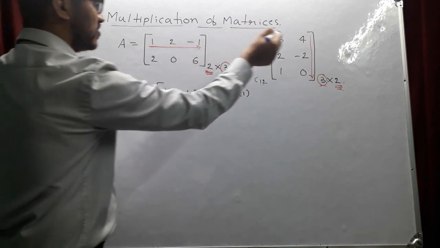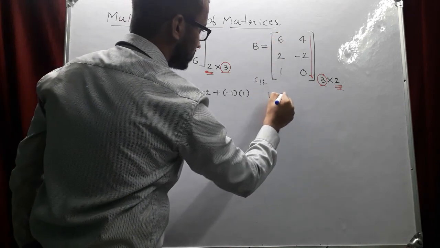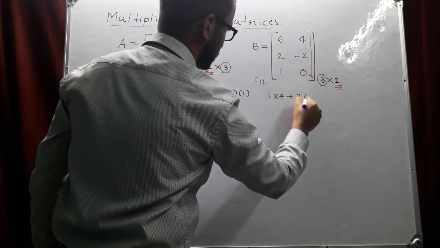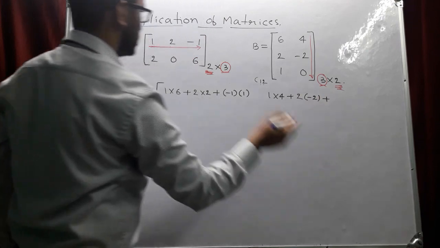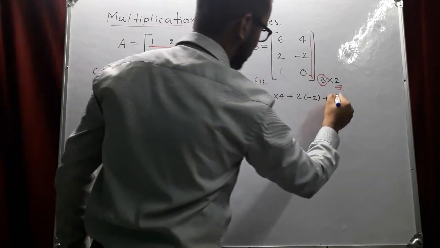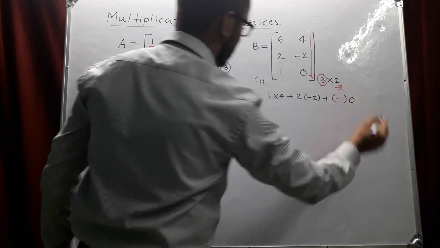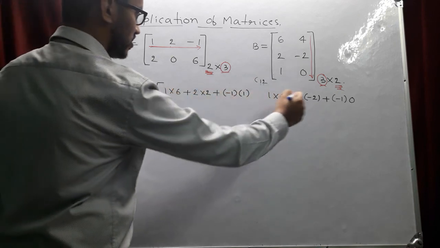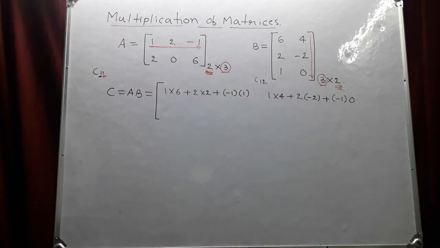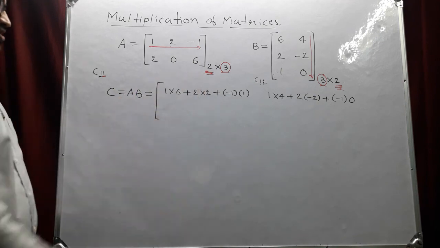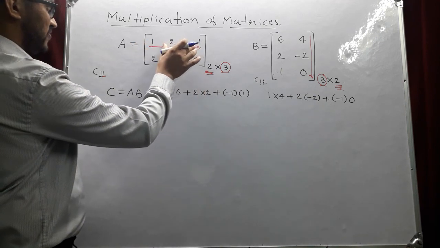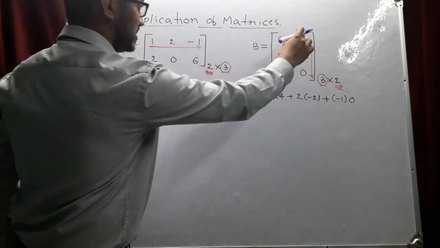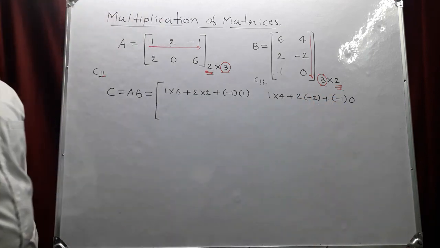So 1 into 4 plus 2 into minus 2 plus minus 1 into 0. This is the second element in the product. So we got the first row elements: to get them, we considered the first row of the first matrix with different columns. First column gives this element, second column gives this element.